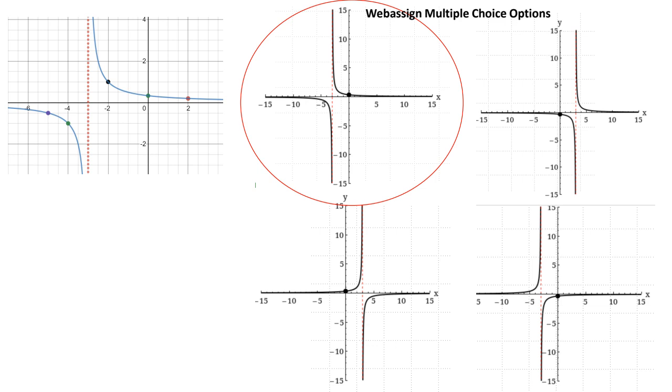This one has the incorrect vertical asymptote as well. This last one has the correct vertical asymptote, but it has the wrong direction of my y-intercept. You see that it has a y-intercept at the negative where it's supposed to be at the positive. All right. So let's go into logs.